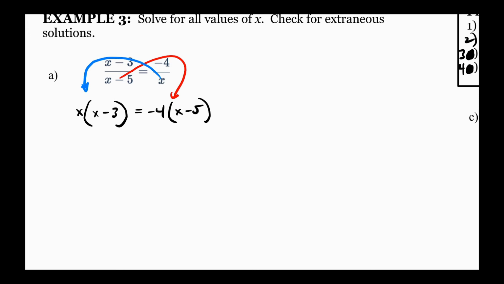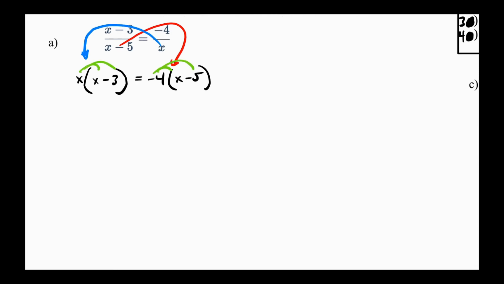So now let's distribute. So when I distribute, I get x squared minus 3x equals negative 4x plus 20.